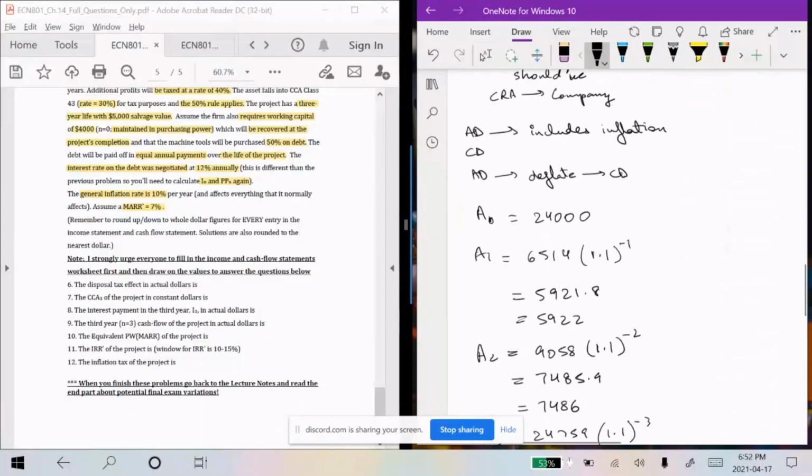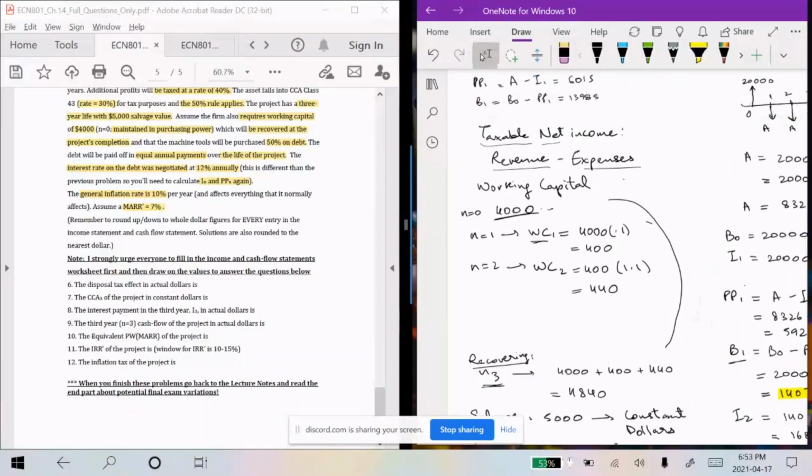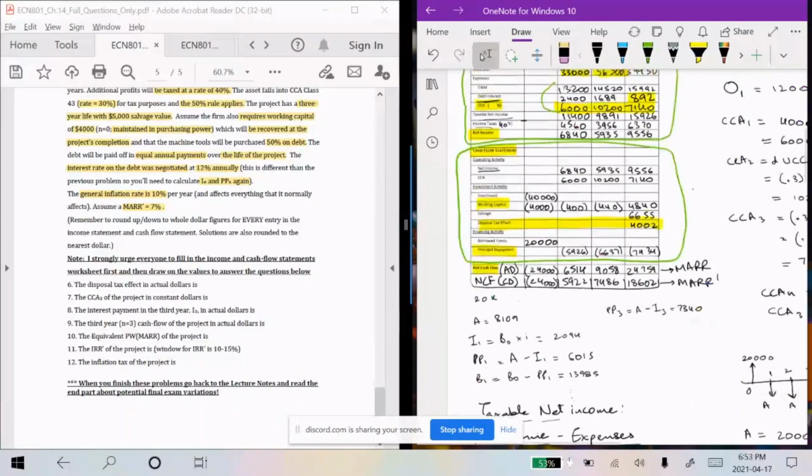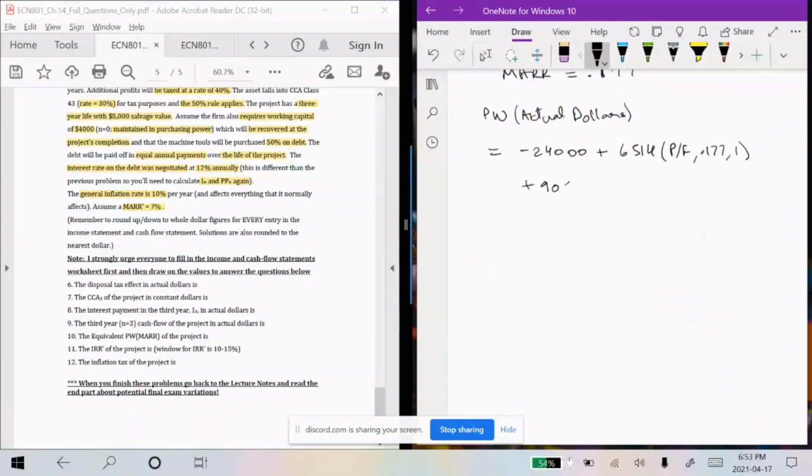Plus the next one, 9058, P given F at 0.177, two periods. Plus 24,759, P given F at 0.177, three periods this time because this was N equals 3. Now this is just minus 24,000 plus 6514.